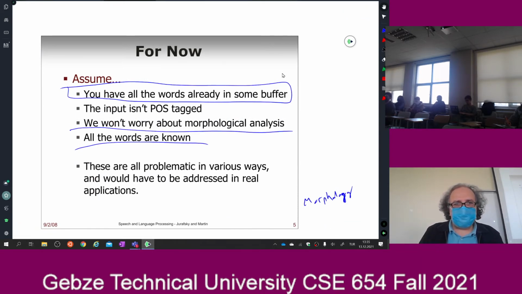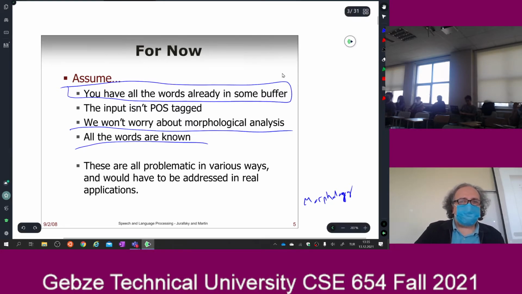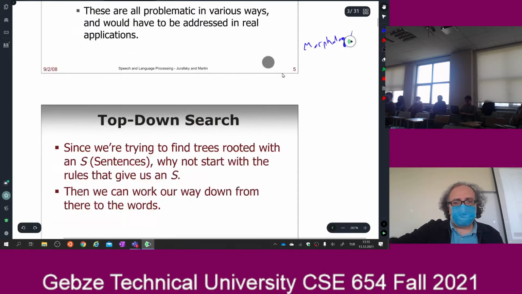Okay, and these were the assumptions, and some of them are really strong assumptions, but that's what we are going to do. We have all the words already in some buffer, and we won't worry about the morphological analysis, which is a big problem for Turkish, and we know all the words.